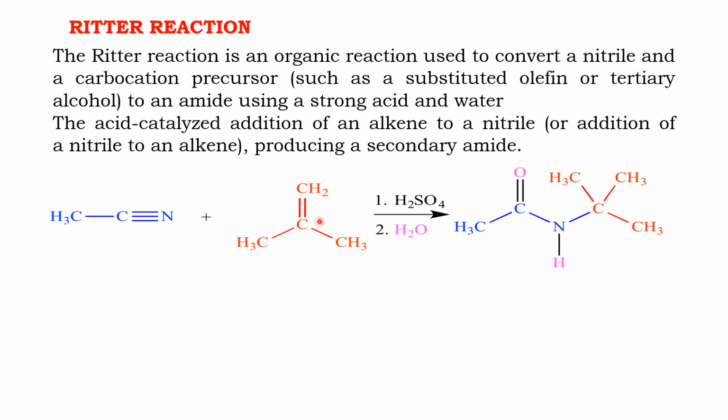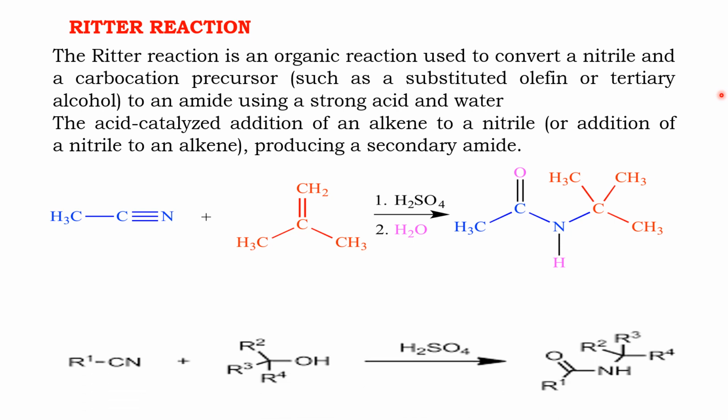An intermediate having a positive charge on the carbon atom, which reacts in the presence of water and an acidic medium to give an amide. What are amides? Amides have C double bond O and NH linkages. So a C double bond O, NH linkage has been introduced. This reaction is called a Ritter reaction.